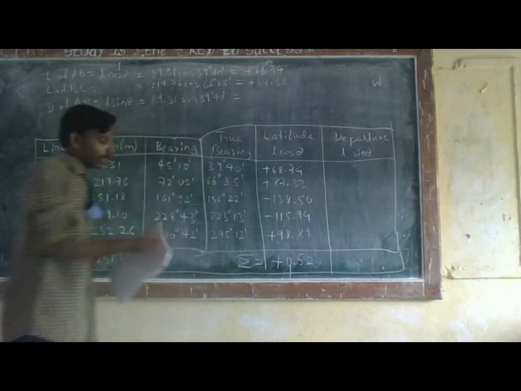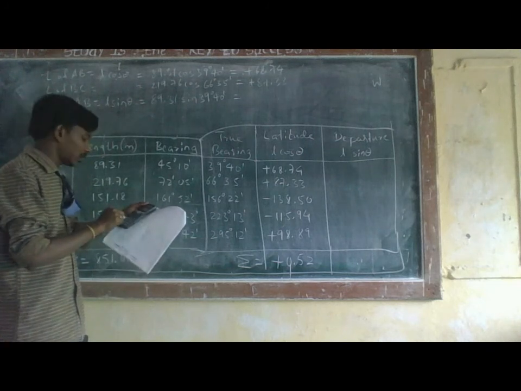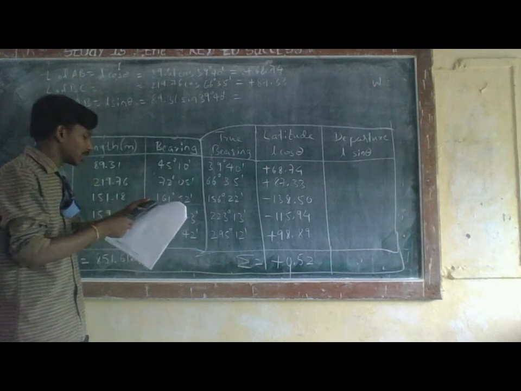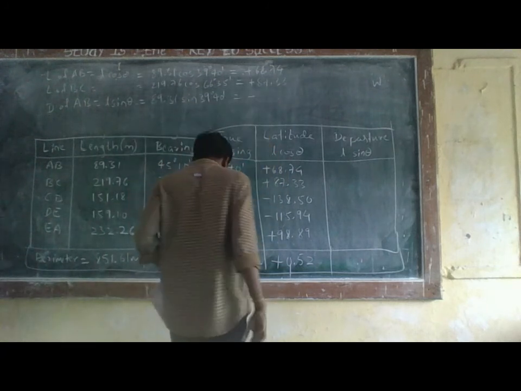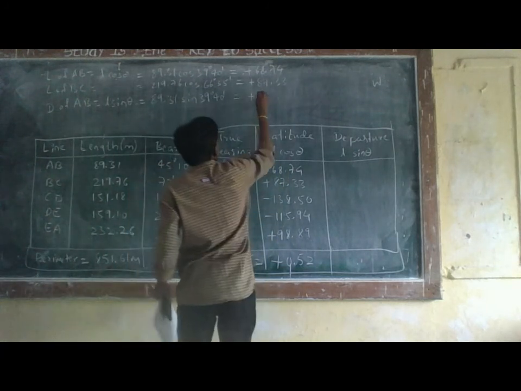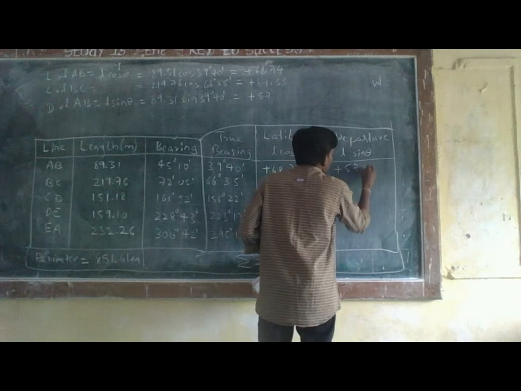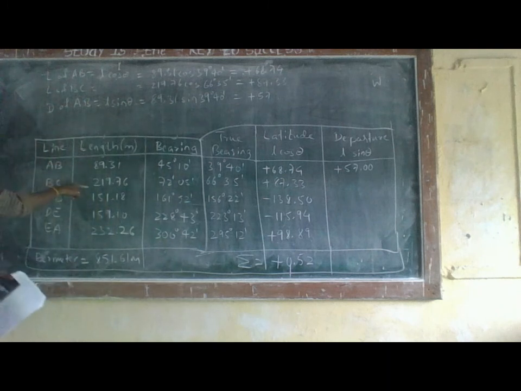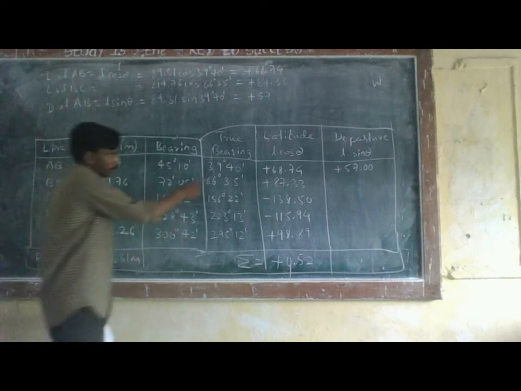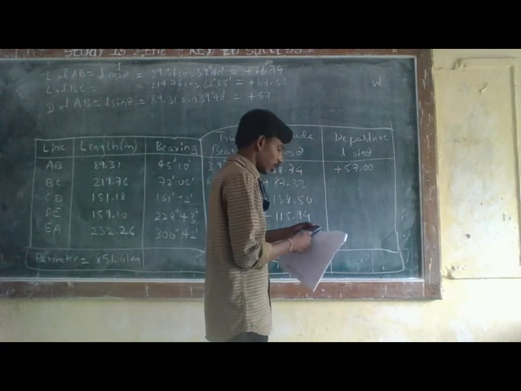So 89.31 sin 39 degrees 40 minutes gives the value 57, which is positive, so plus 57.00. In the same way calculate all the departures for the BC, CD, DE and EA lines using the length and respective true bearings. I will write this directly here; you please calculate it.